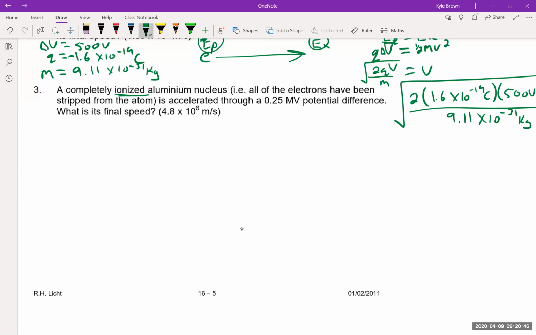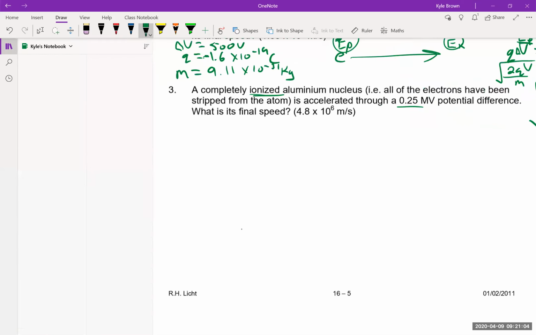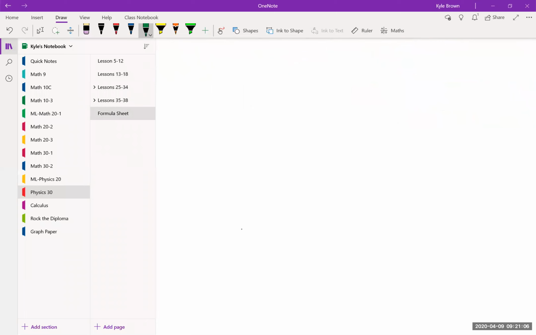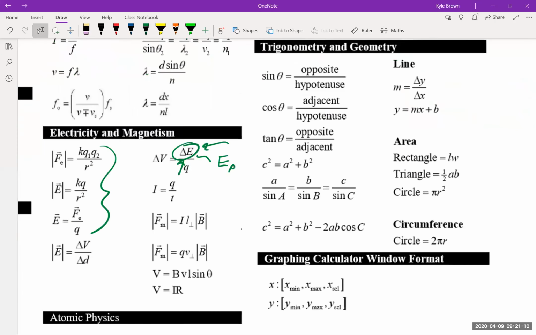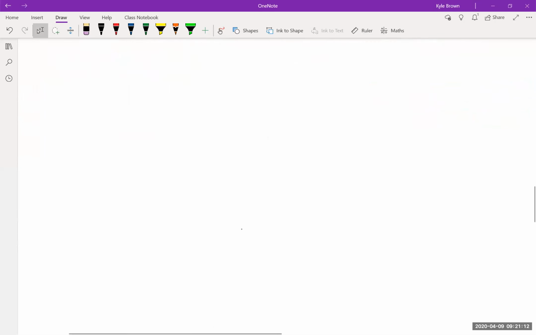And it's accelerated through a 0.25 megavolts potential difference. What's the final speed? Okay, this one's not too bad if we know a couple of things. If it's completely ionized, I want to go to our periodic table, which will be the first time you guys need to look at it, which seems weird in physics, I know.